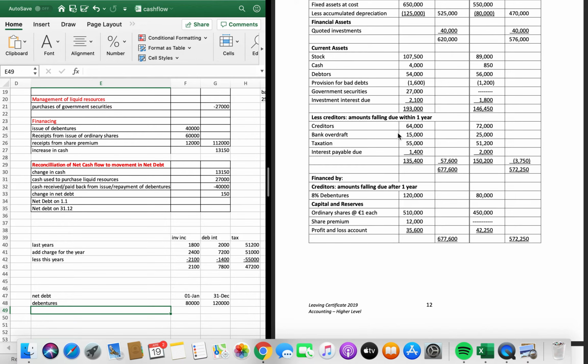Last year our bank overdraft is 25,000. This year, our bank overdraft is 15,000.